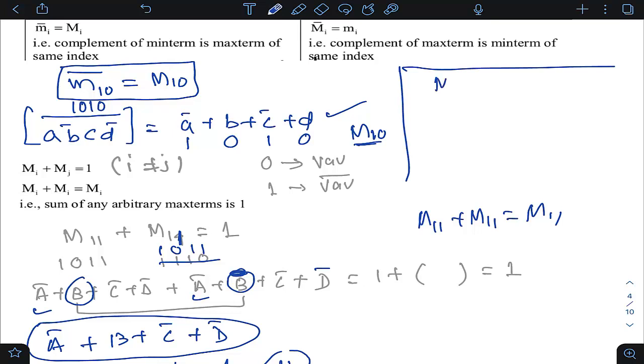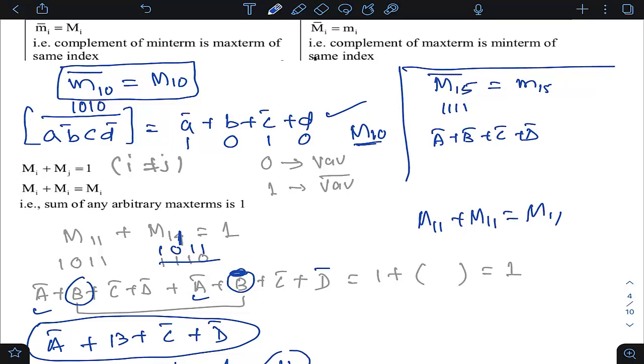Or you can take any other index also, no problem. Let's say I'm taking maxterm 15, not 50. Maxterm 15 complement is equal to minterm 15, that is what I want to tell. 15 is 1 1 1 1, so its corresponding notation is A bar plus B bar plus C bar plus D bar.